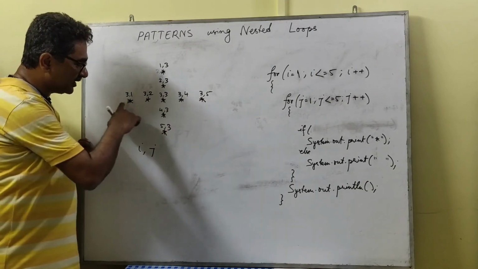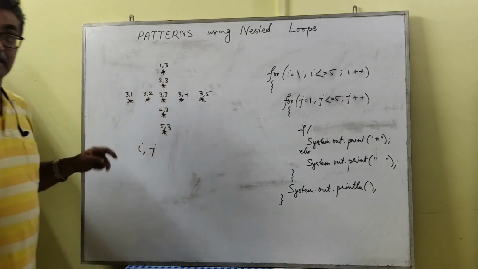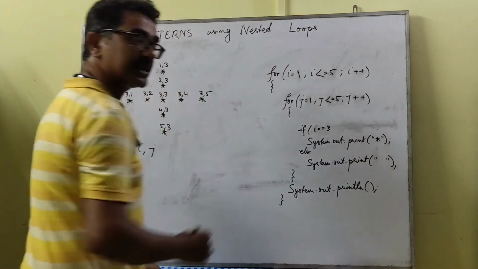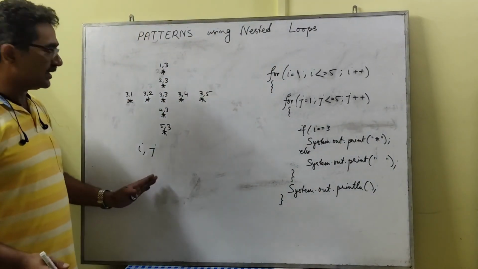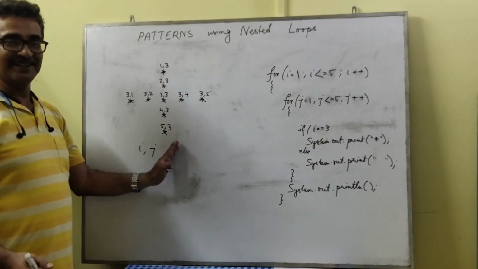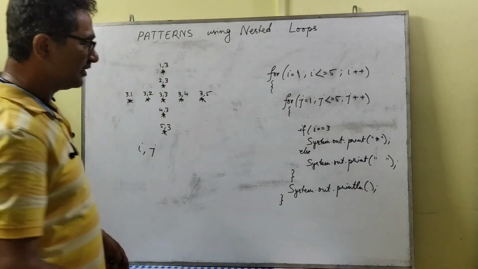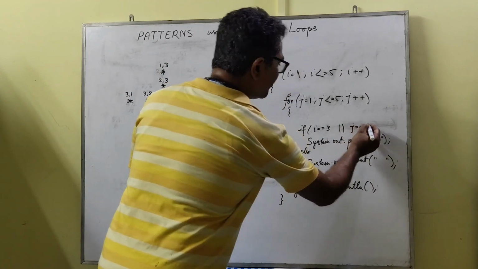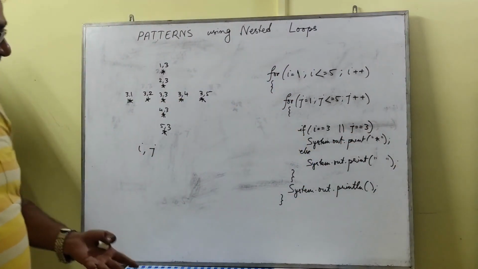Out here, this is quite unique. The value of I is always 3. So that will be the first condition: if the value of I is 3. So we can also have a constant as a condition. And if you look at this, the value of j is always 3. Fixed. That is constant. So we can put or j is 3. That's it. It's that simple.